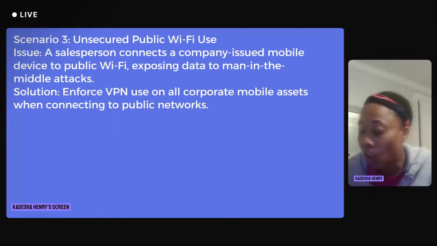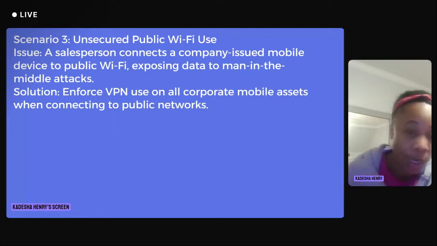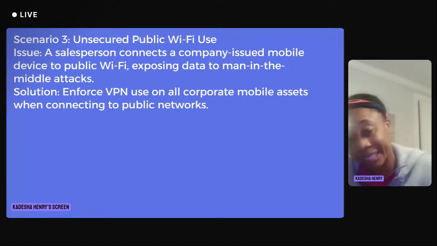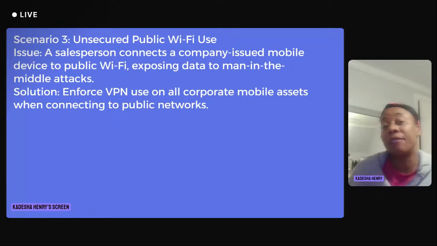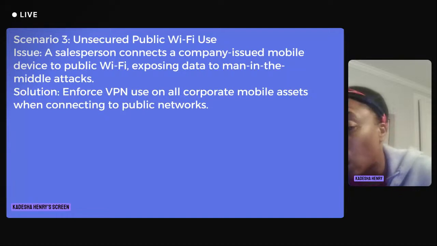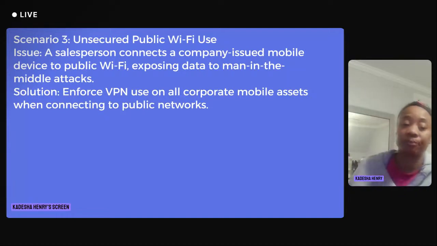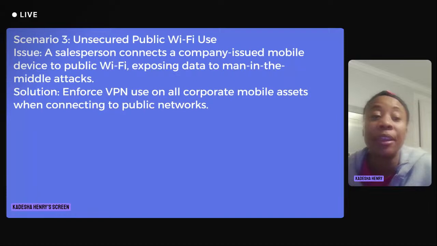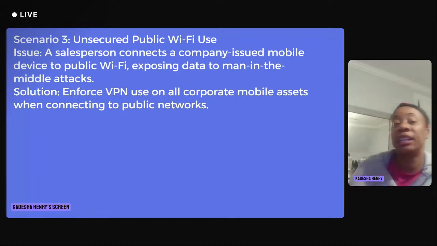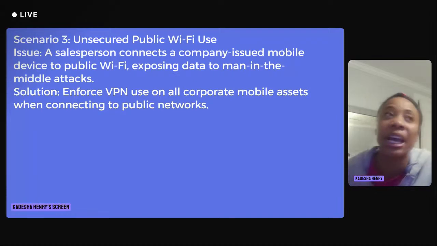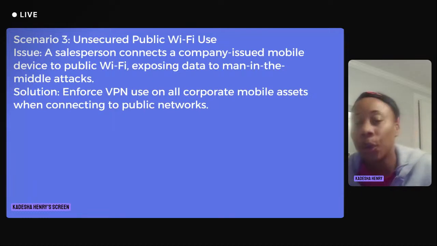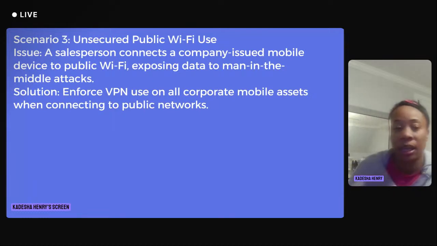And because we don't want that to happen, we have to make sure that there is a policy that enforces VPN on all corporate mobile assets. And if there is none, then you cannot connect to the internet. Sometimes you're connecting to these things and it says unsecure network, right?